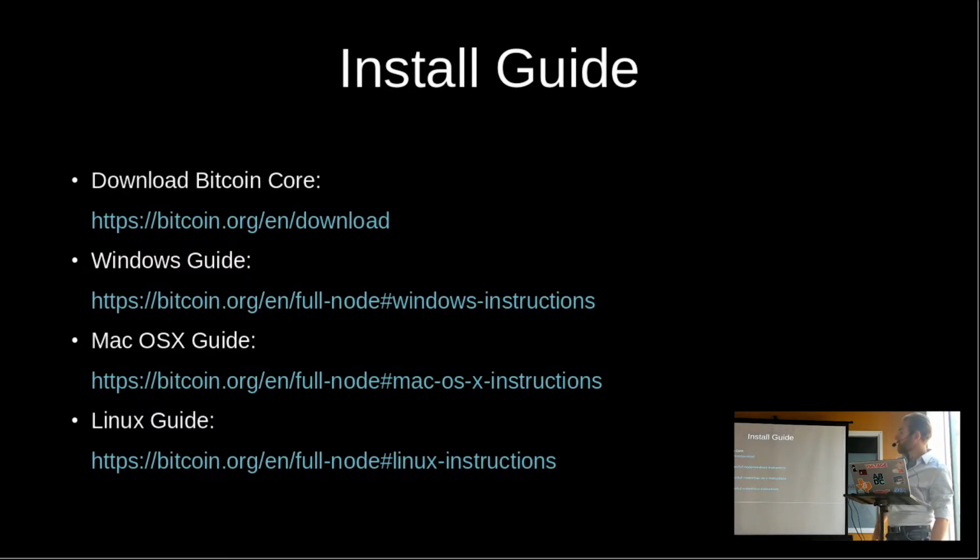So this is the install guide slide. We're going to download Bitcoin Core at that link there, and that link should be clickable for everybody. These are the three guides they have available: instructions for Windows, Mac, and the Linux guide.